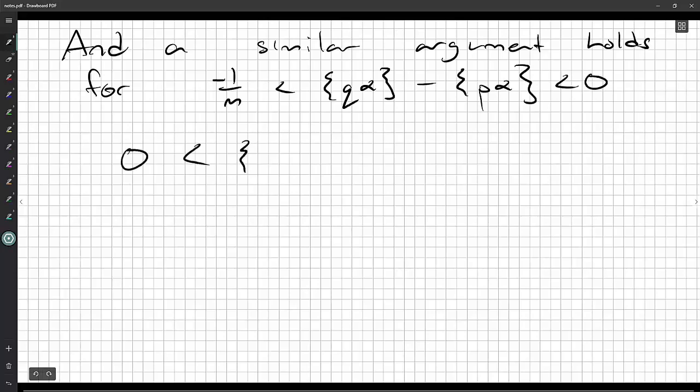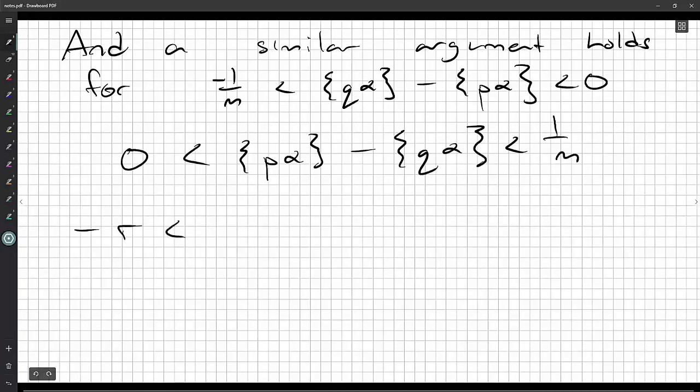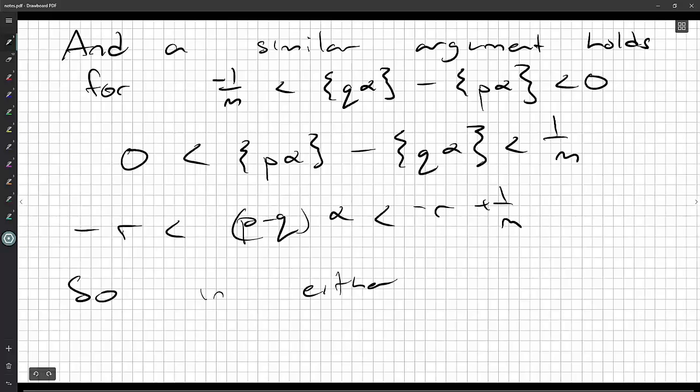Well, I'll flip it around. And then we're going to add negative R to both sides. Okay. So in either case, we can find an integer k so that the fractional part of k alpha is between 0 and 1 over m.